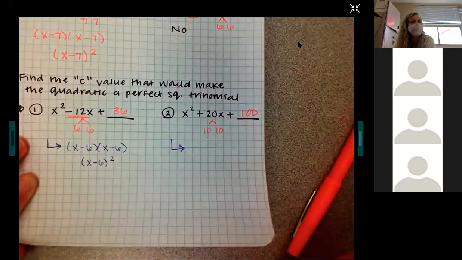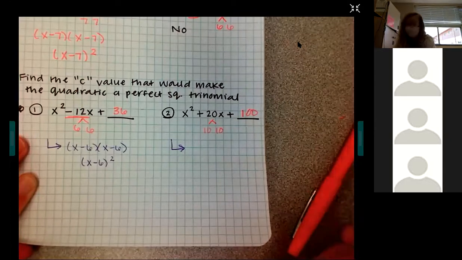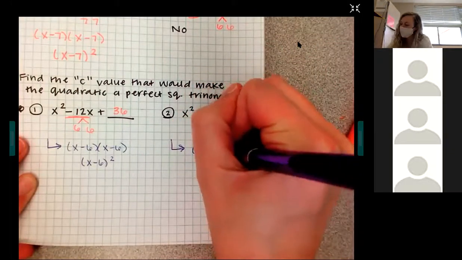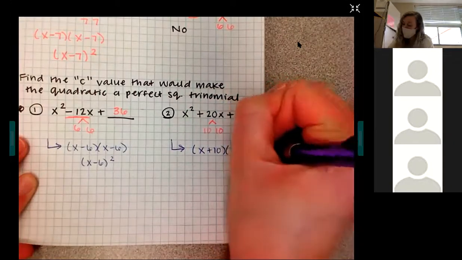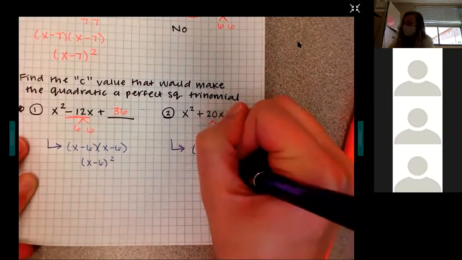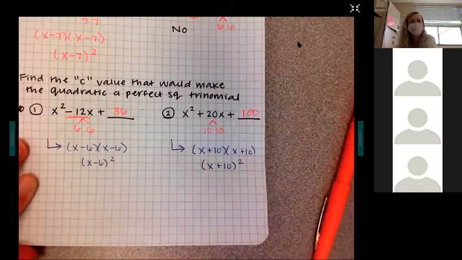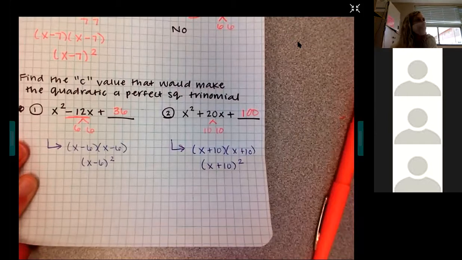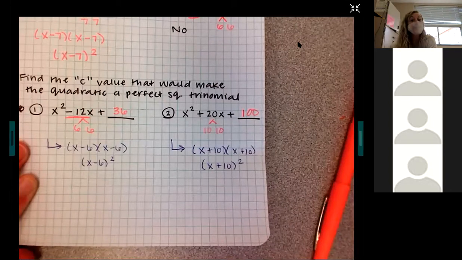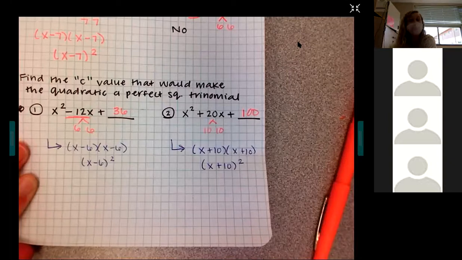This is what we're getting into. Good job. X plus 10, or x plus 10 squared. Do we feel like we can do the perfect square trinomial part? Right, so you got to set it equal to something, and then you'll have to square root both sides.